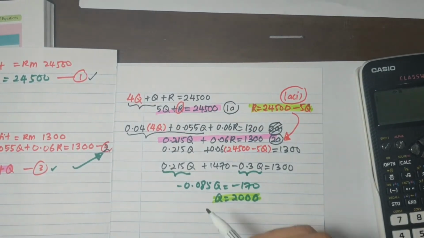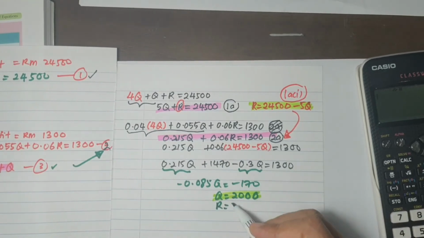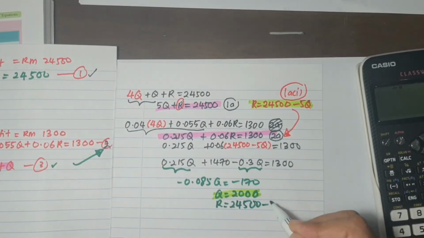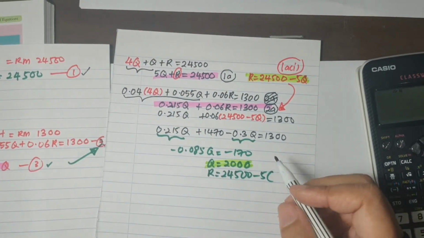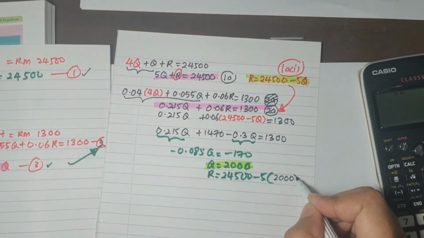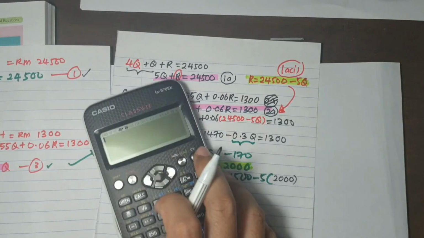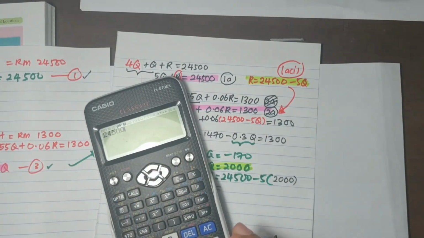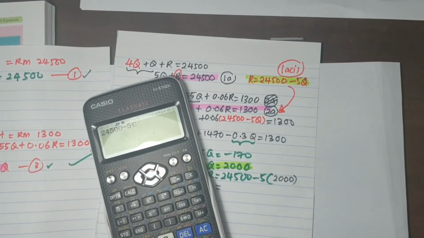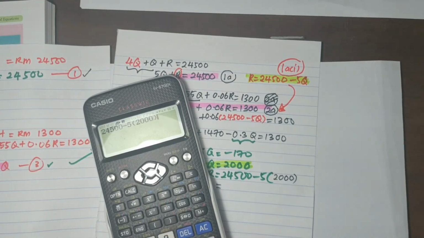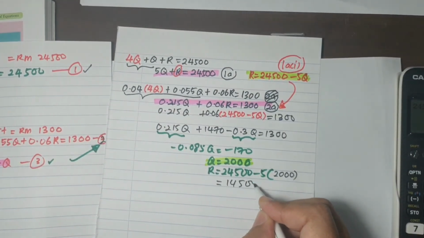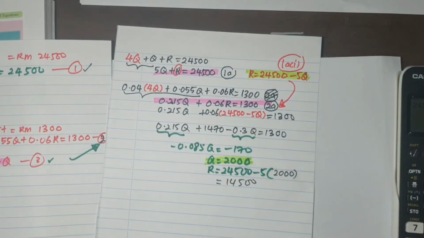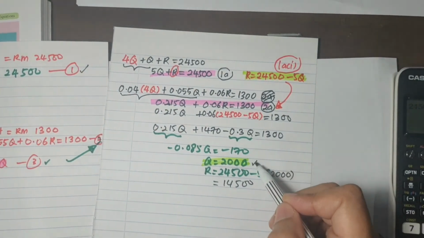So R is 24,500 minus 5Q. Q is 2,000. Solve 24,500 minus 5 times 2,000, 14,500. Okay. Next. Q done, R done.